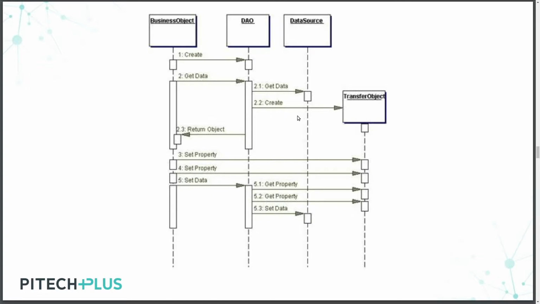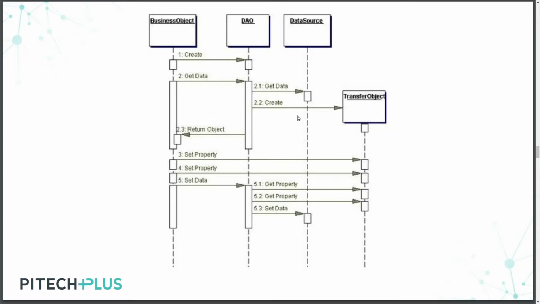The DAO, basically, it's the class that is the data access object, is the class that deals with the database operations, and which can range from, just as well, create, read, update, delete. So this class is responsible for dealing with these.